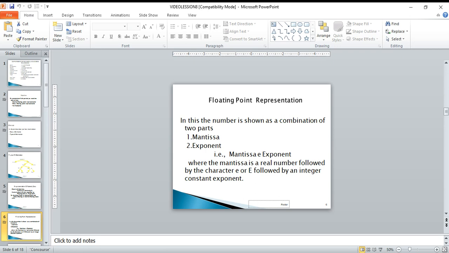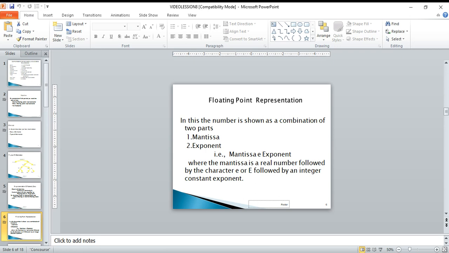In a fixed point representation, we have to fix the point at one place, either leftmost or rightmost. But here we can move the fractional point, that is the decimal point, wherever you want according to the adjustment.